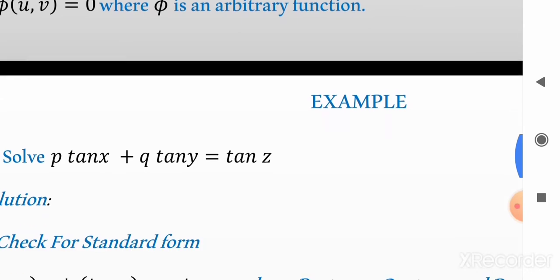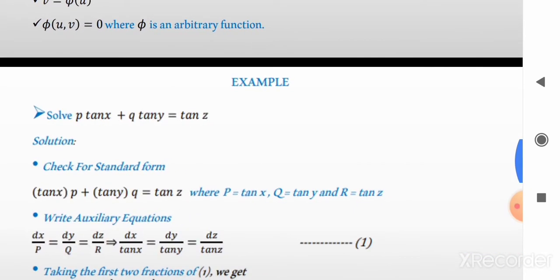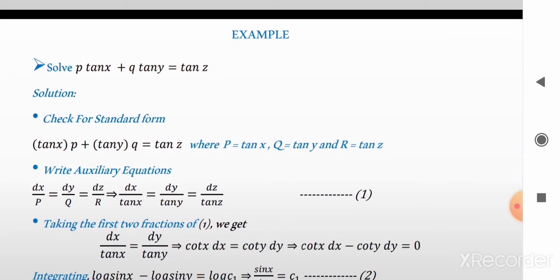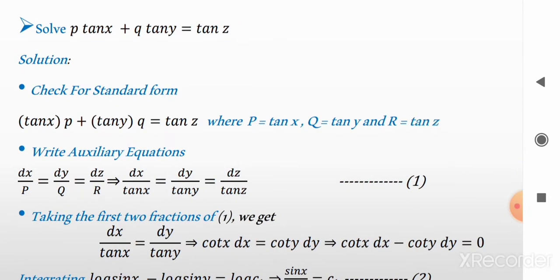Now we are going to see an example for Lagrange's equation. If a Lagrange's equation is given, how can we solve it using the above steps? The given problem is p tan x plus q tan y is equal to tan z. First we have to check for the standard form, which should be Pp plus Qq is equal to R. Here tan x p plus tan y q is equal to tan z is given.